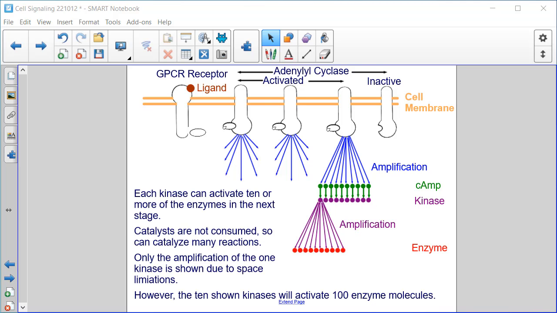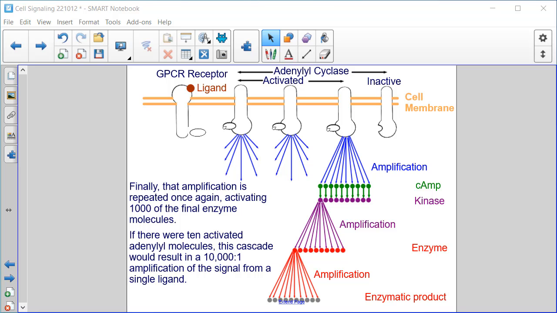Each kinase can activate 10 or more of the enzyme in the next stage. Catalysts are not consumed, so can catalyze many reactions. Only the amplification of one kinase is shown right here due to space limitation. However, the 10 shown kinases will activate 100 enzyme molecules.